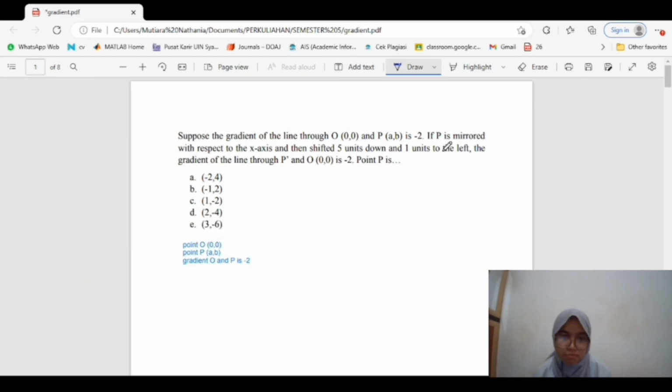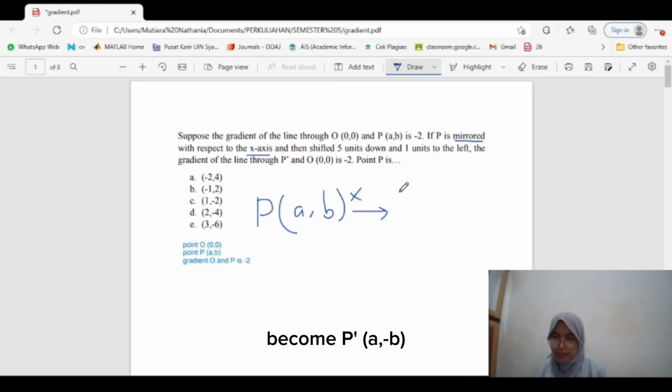If point P is mirrored or reflected with respect to the x-axis, it becomes the image point (a, -b).